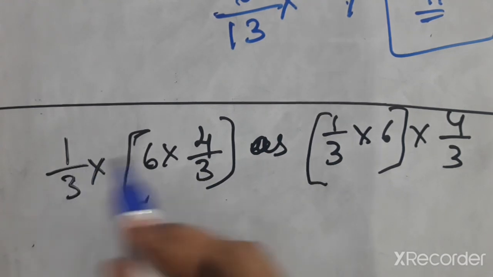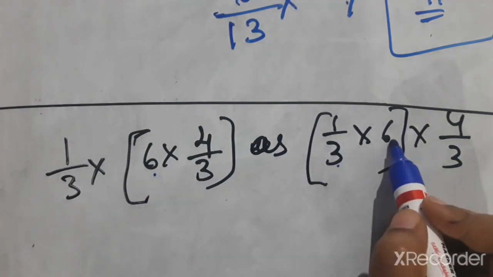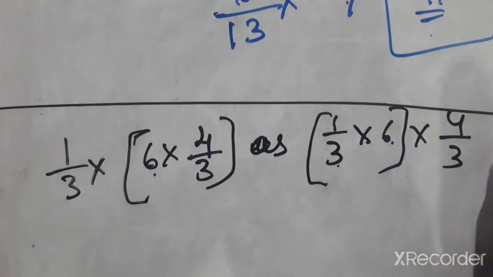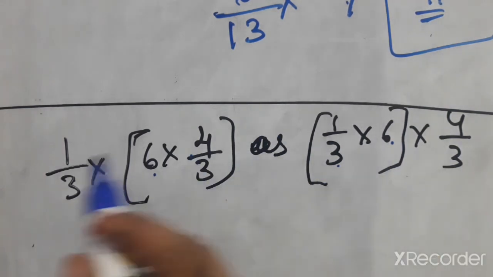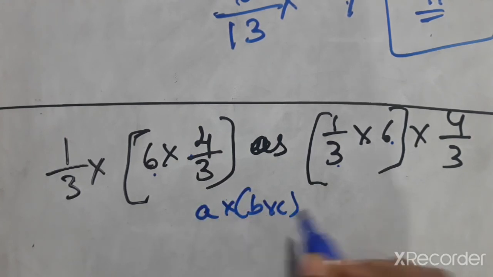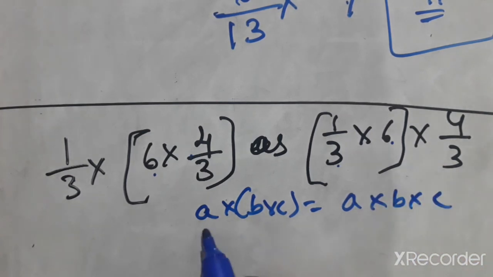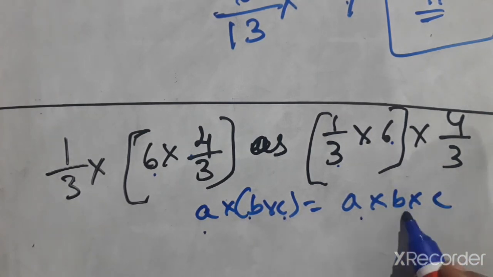Here the first term is 1 by 3, the second term is 6, the third term is 4 by 3, the same on both sides. It looks like a into b into c equals a into b into c.